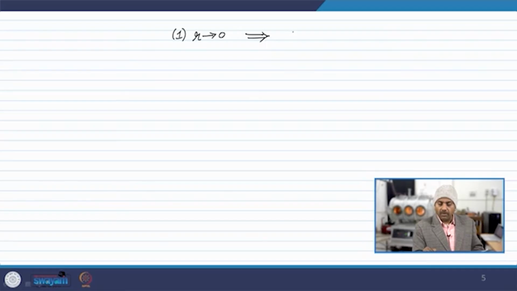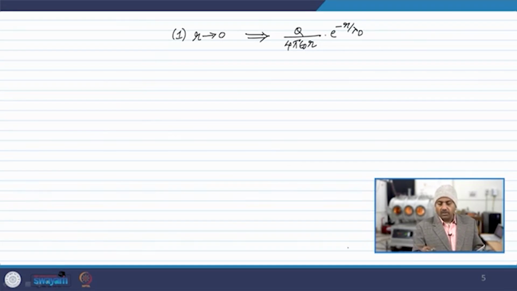In order to further appreciate the physical meaning of this potential, let us take a few situations. Number 1, when r tends to 0. When r tends to 0, what will happen? You have q by 4 pi epsilon naught r into e to the power of minus r by lambda d.